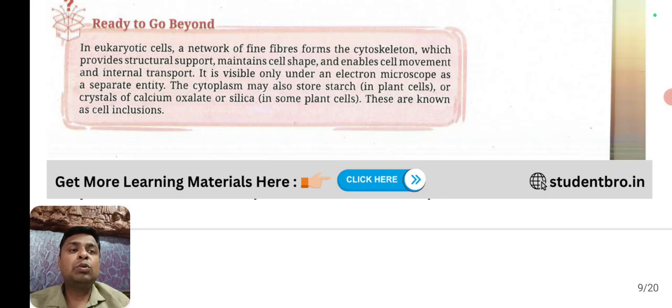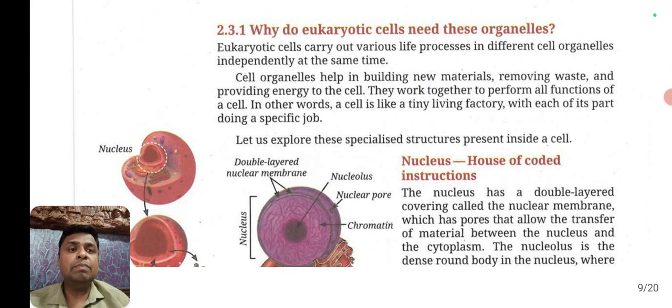Cytoplasm may also store starch, calcium oxalate or silica in some plants. These are called cell inclusions. So they require some crystals for certain other aspects or functions. That's why they store it. Now they have asked a question, why do eukaryotic cells need these organelles? So we are going to study the function of each of them.